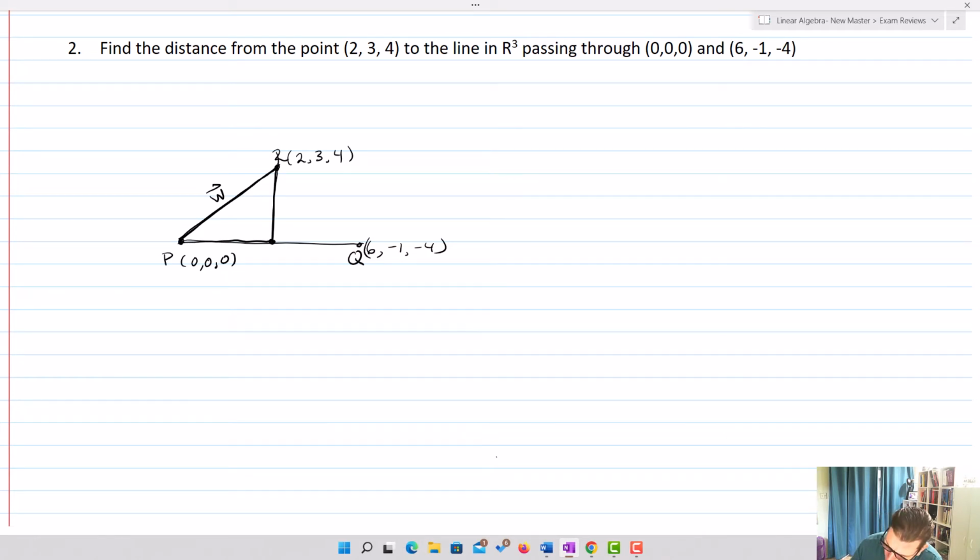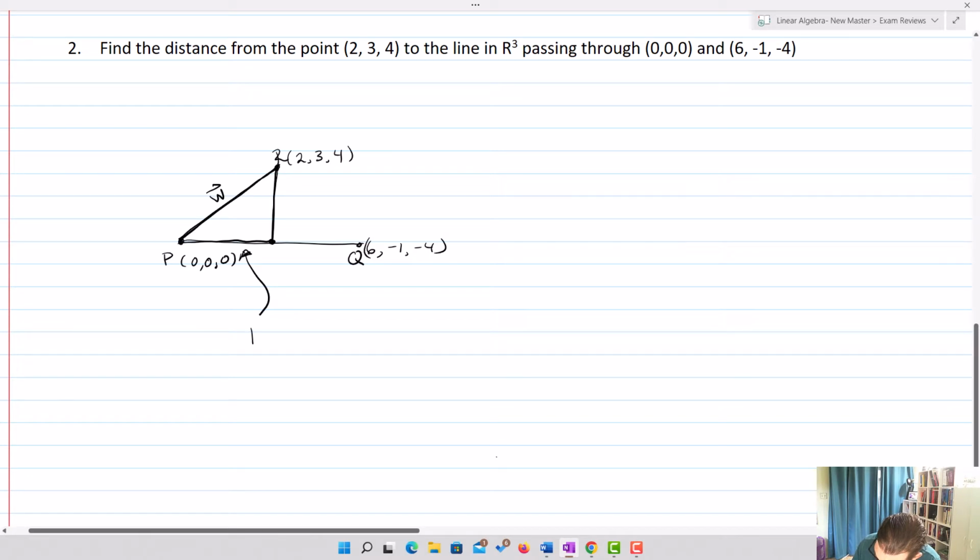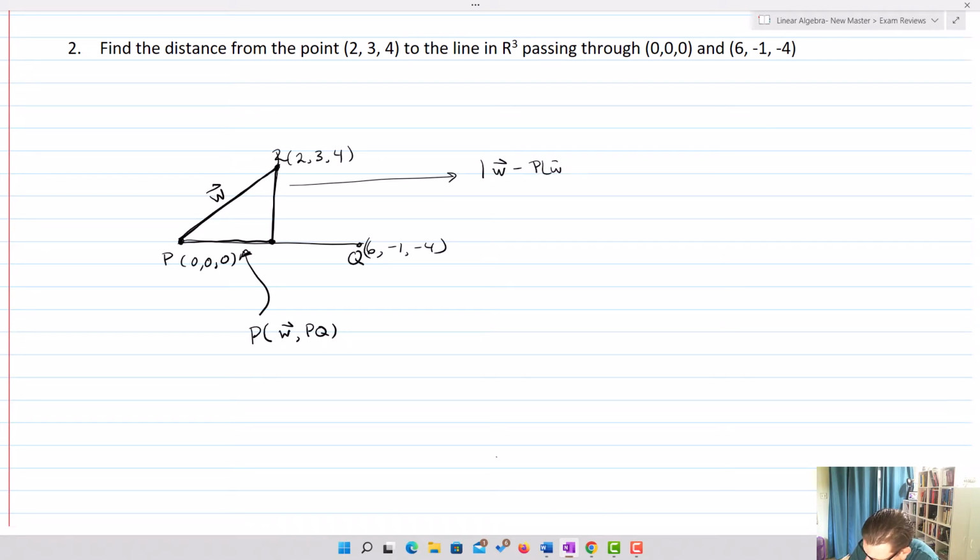Okay, so that's going to be our deal here. This thing here is going to be the projection of W onto PQ. Okay, and then we're going to be looking for the magnitude of W minus the projection of W onto PQ, and that's going to be our goal.